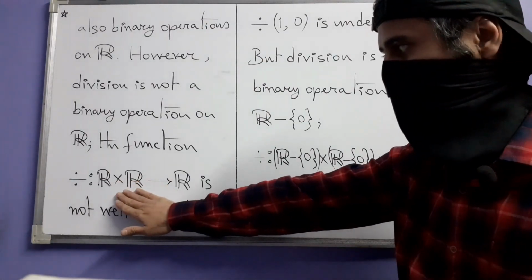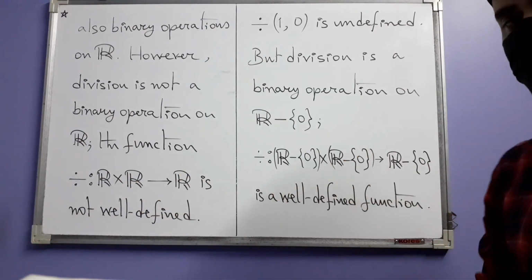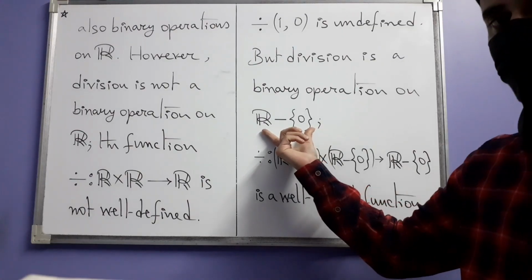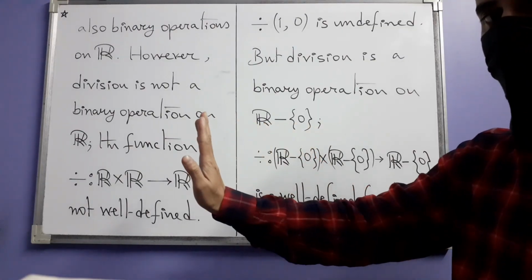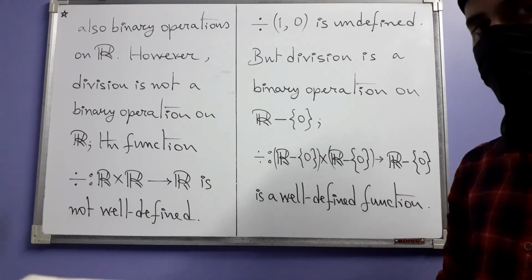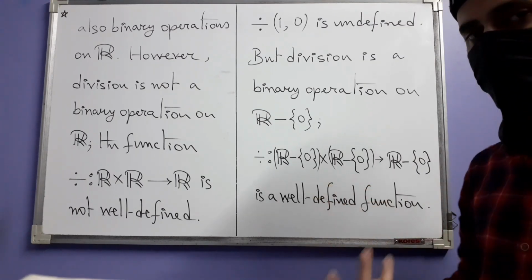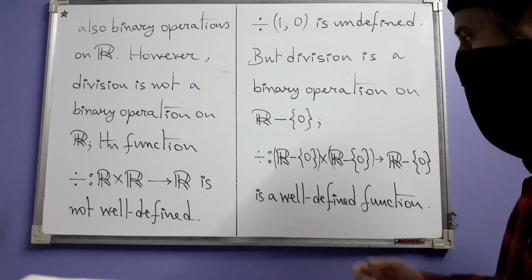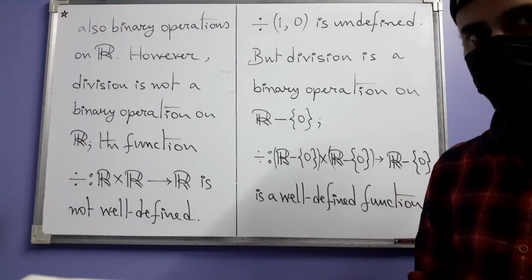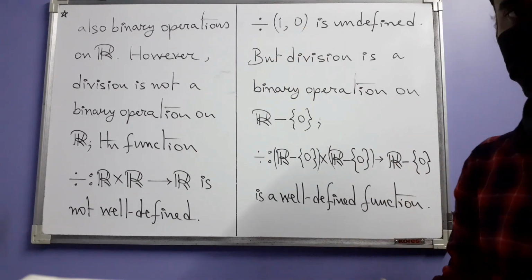Instead of this, if you consider this function, where now the set in question is the set of non-zero real numbers, not all real numbers, then this becomes a well-defined function. You can obviously understand why. If you take two non-zero real numbers, then this problem is no longer there.